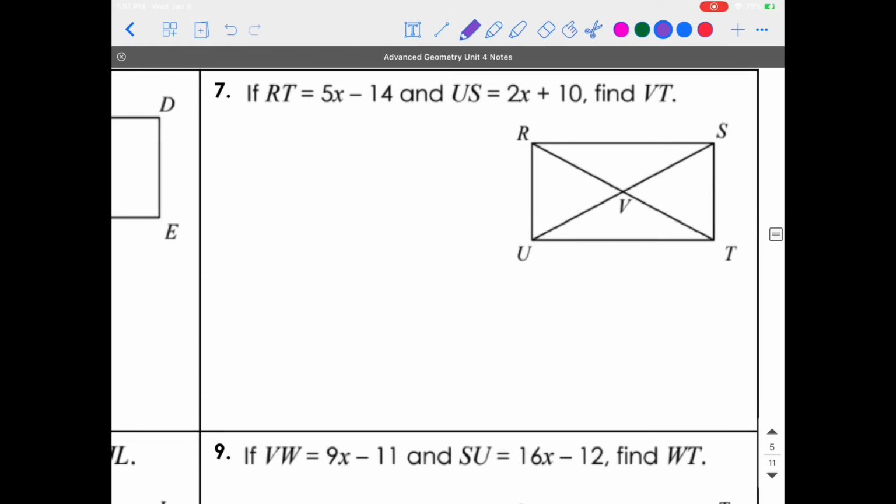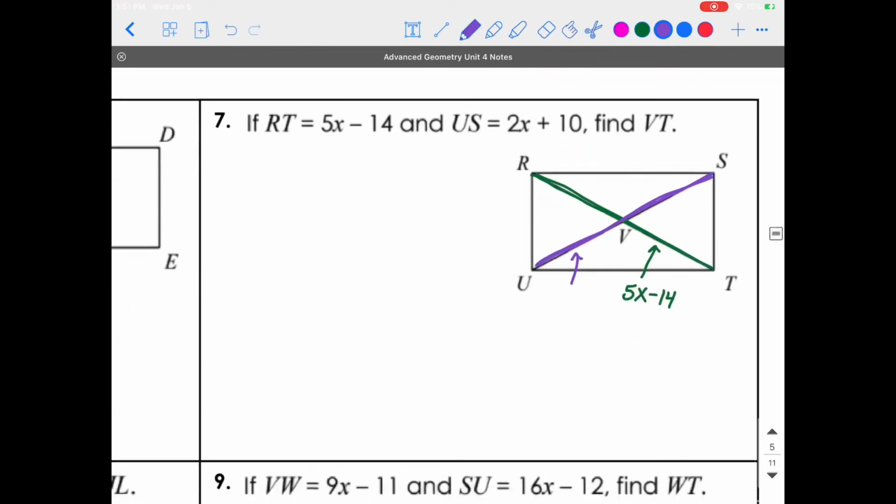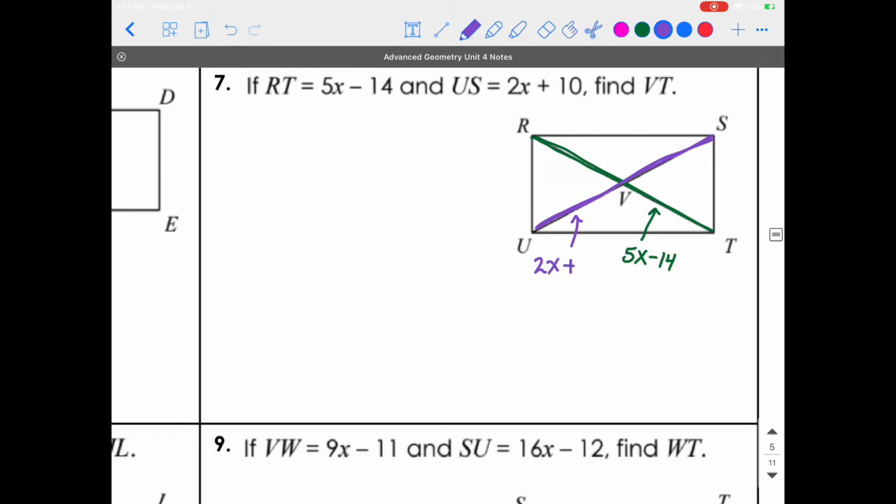All right, number 7, RT. That whole thing is 5x minus 14, and the entire segment US is 2x plus 10. And we know that those two segments are equal to each other. 5x minus 14 equals 2x plus 10.